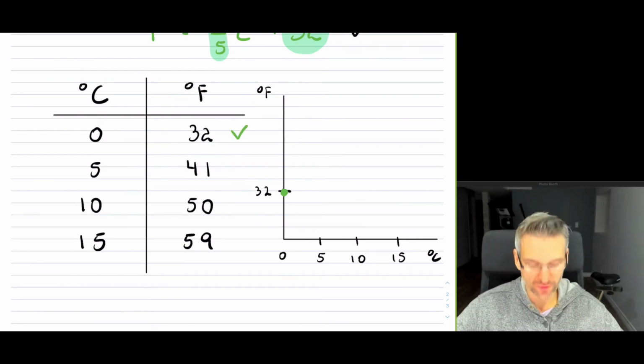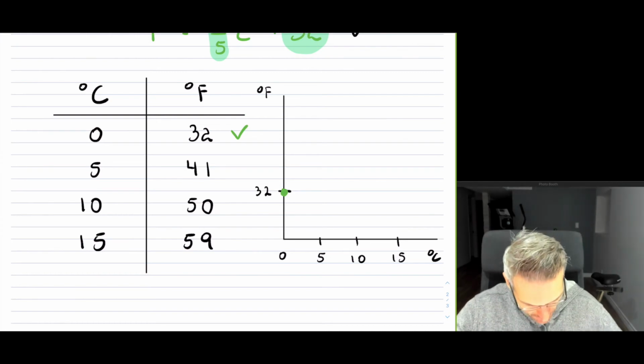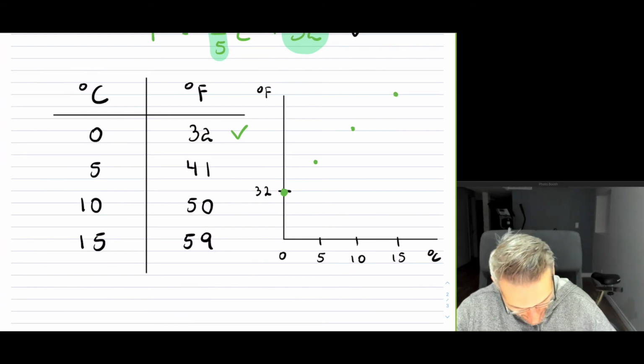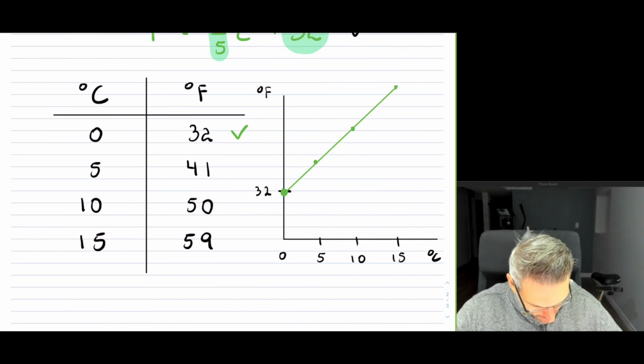And then 5 would have been at 41, and then at 10 it would have been at 50, and then 59. So what you would have is this kind of nice line going up. Maybe I didn't do such a great job, that's a little bit off there.